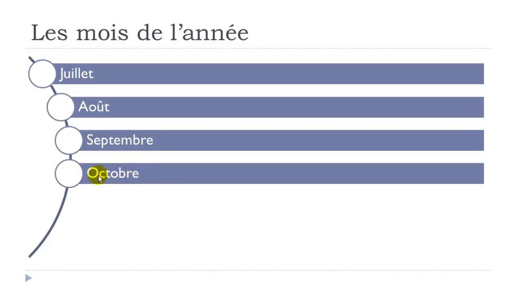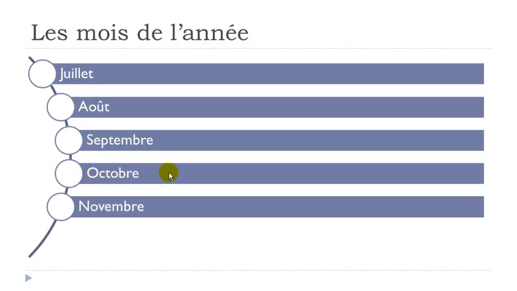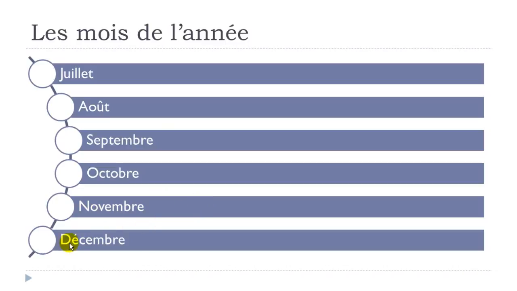Don't insist on the final E. Octobre. Novembre, EM en, novembre. And the last one, décembre. Same thing. EM en, décembre.